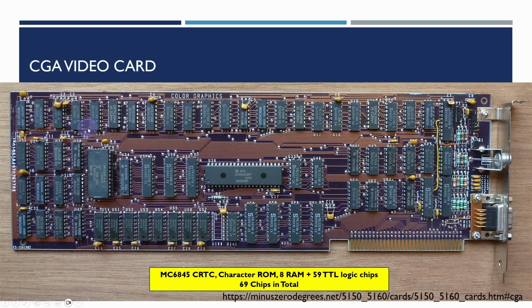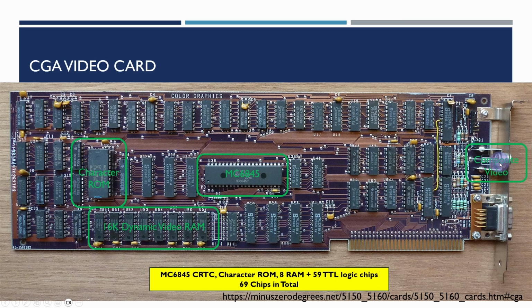So this is an image of the CGA video card. This comes from minuszerodegrees.net, which is a useful resource for a lot of the early PC information. And this shows that it's based on a Motorola 6845 cathode ray tube controller chip. It has a fixed character font ROM. There is 16K of dynamic video RAM, so this is dynamic RAM.